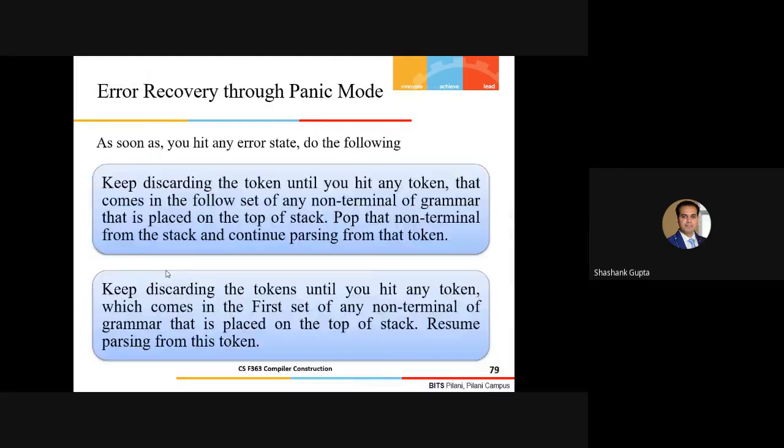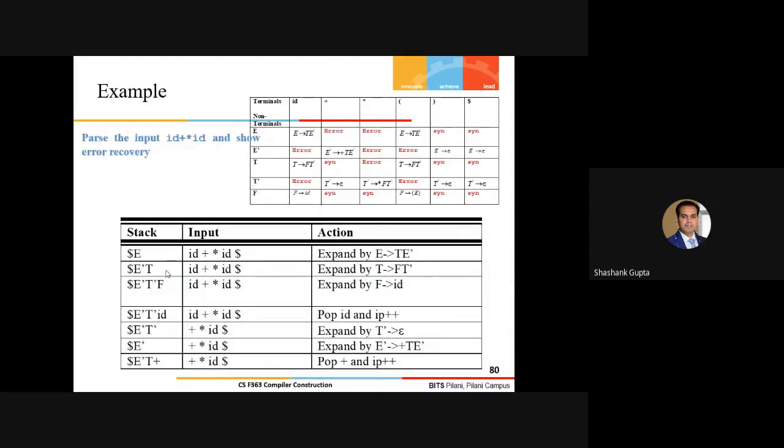Guys, let me give you one quick example so that you can visualize here. Suppose this is the input stream which we are supposed to parse and which is syntactically incorrect: ID plus star ID. You can see up to ID plus I can parse exactly what I did earlier.